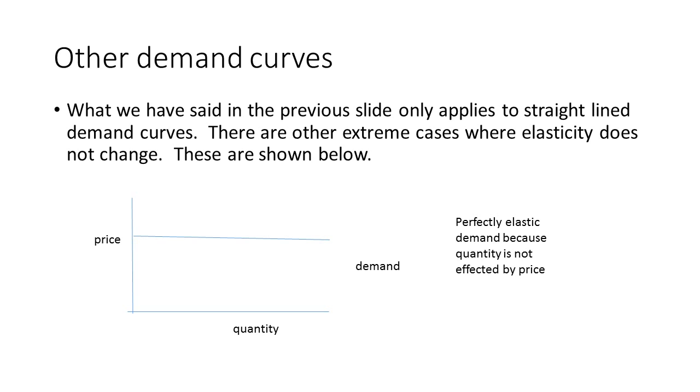So quantity can go up and down, but price never changes. In other words, perfectly elastic demand, because quantity is not affected by price. We'll actually use this later in one of the chapters on perfect competition to explain how perfect competition works.